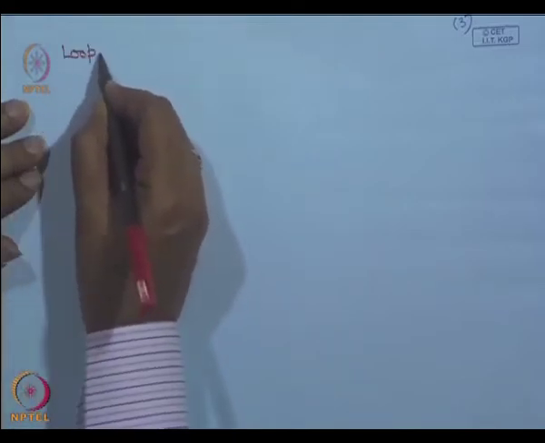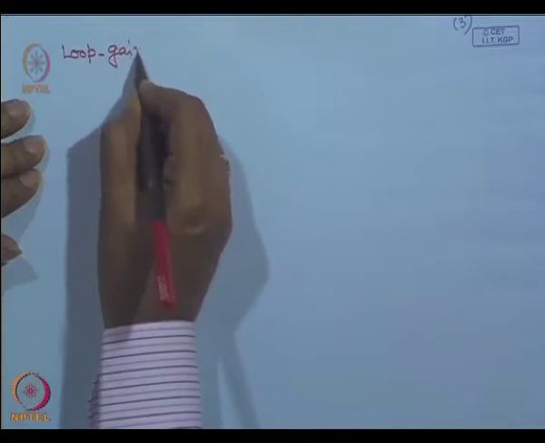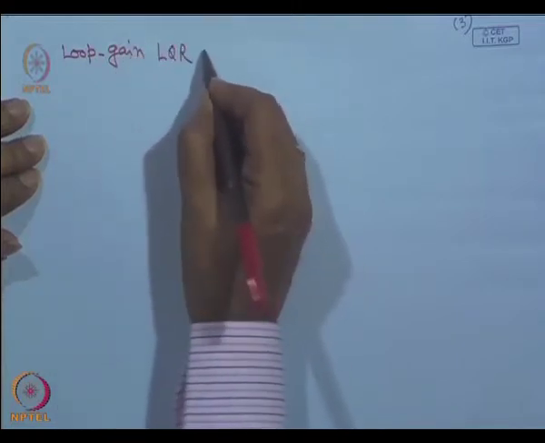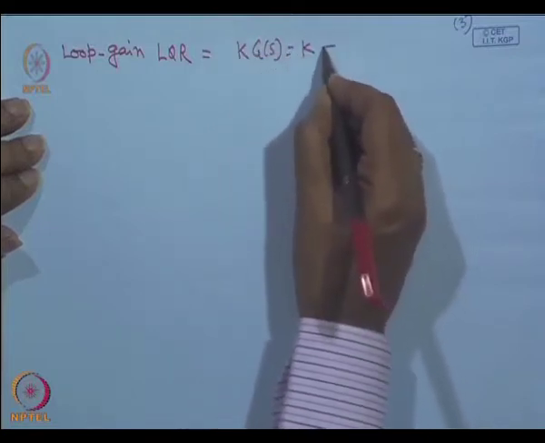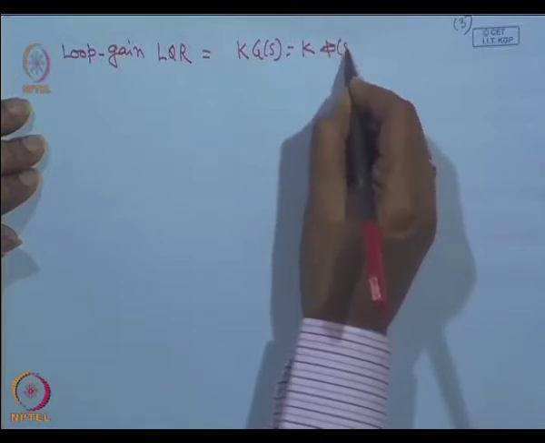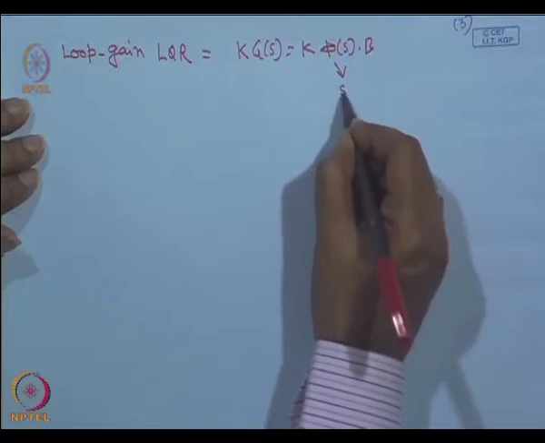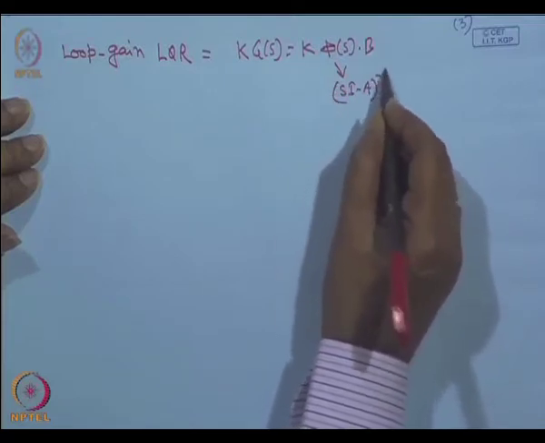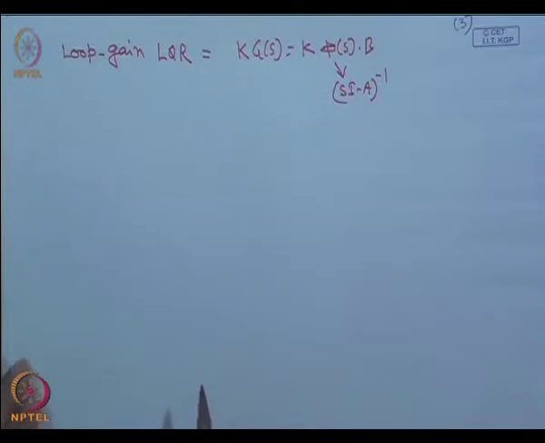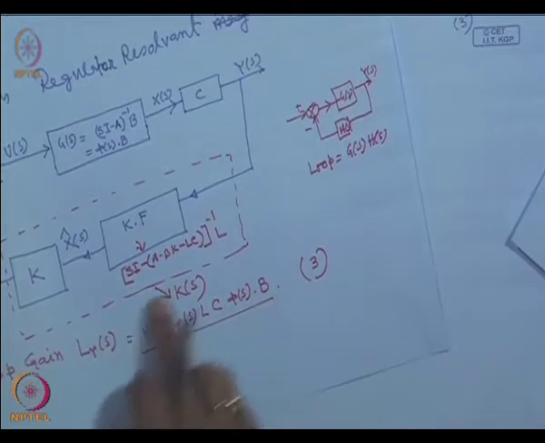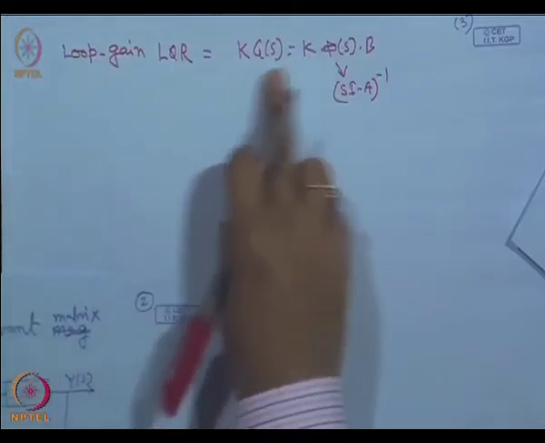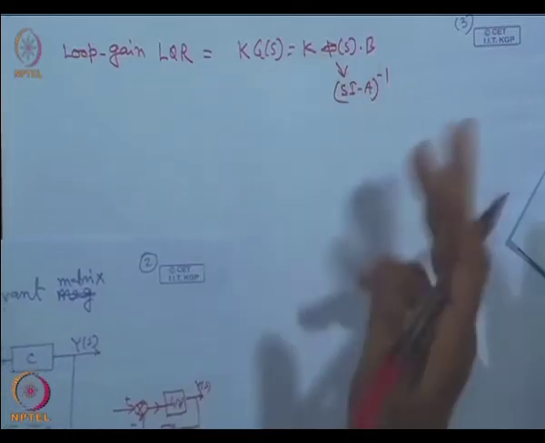Next we find the loop transfer function for the LQR problem. The loop gain for the LQR problem is K into G of S, which is K into (sI minus A) whole inverse, that is phi of S into B. This is our loop gain, and clearly you see that the loop gain of the Kalman filter based controller design and the LQR design is different.